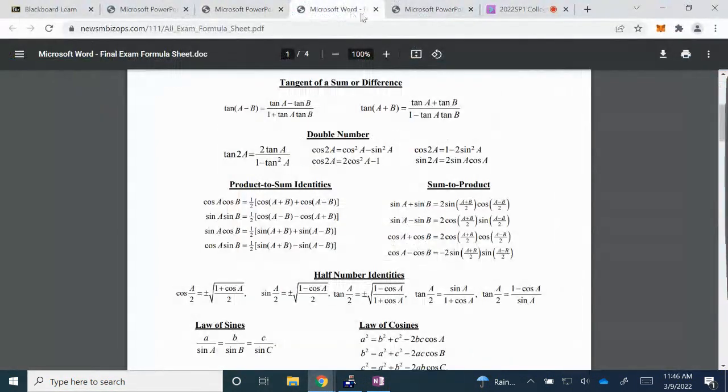Right, so I'm going to bring back up the formula sheet. And if I look at the product to sum formulas, notice that we have this first formula. I'm actually going to write that down.